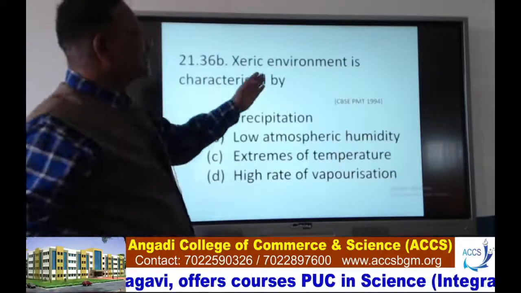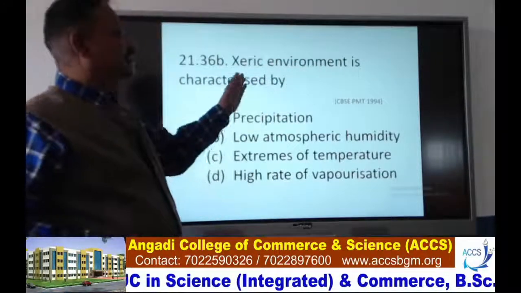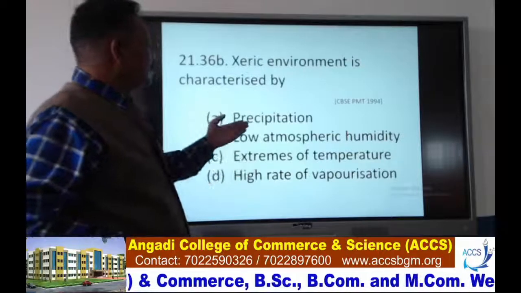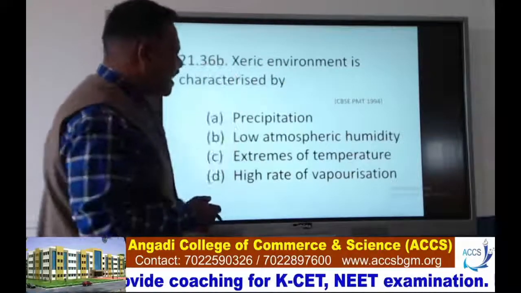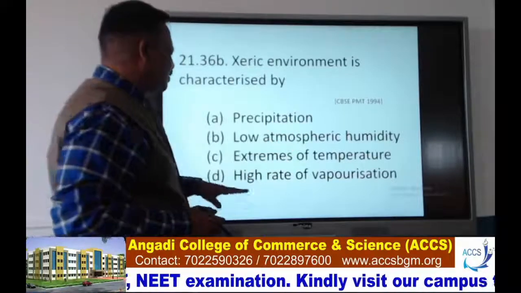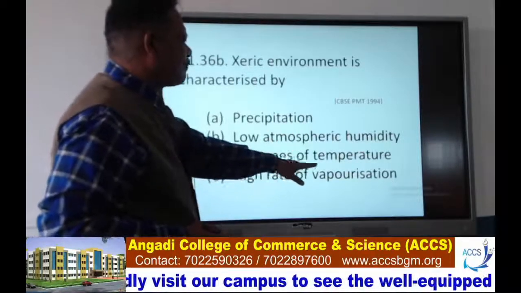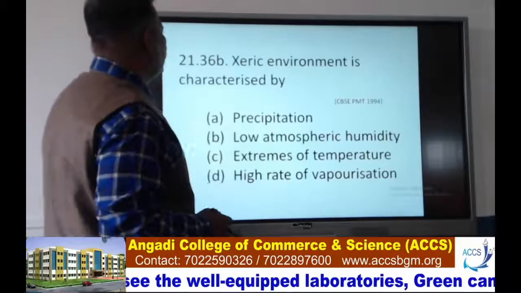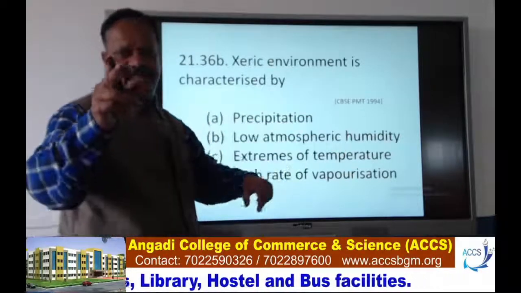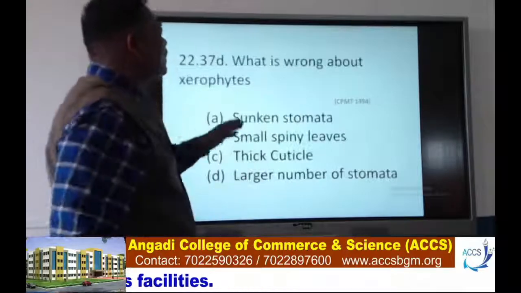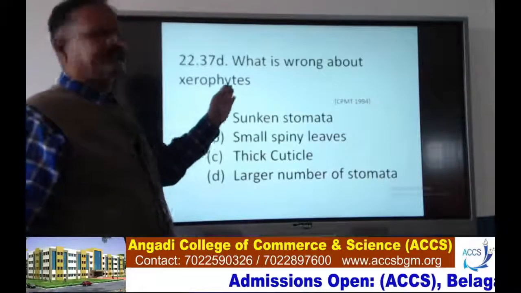So, xeric environment is characterized by precipitation, low atmospheric humidity, extremes of temperature, high rate of evaporation. So here option B, low atmospheric humidity is the right one. Now what is wrong about xerophytes?